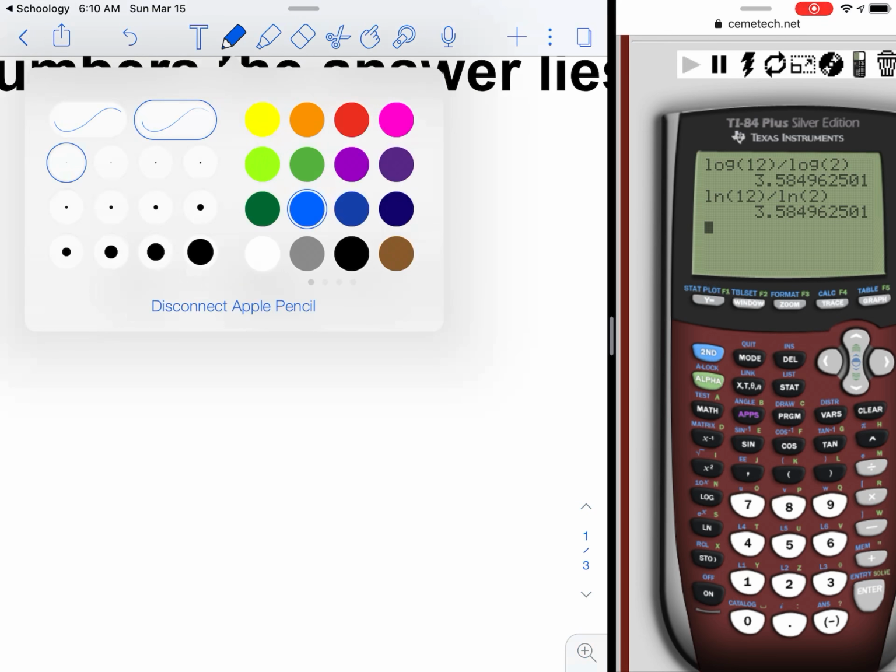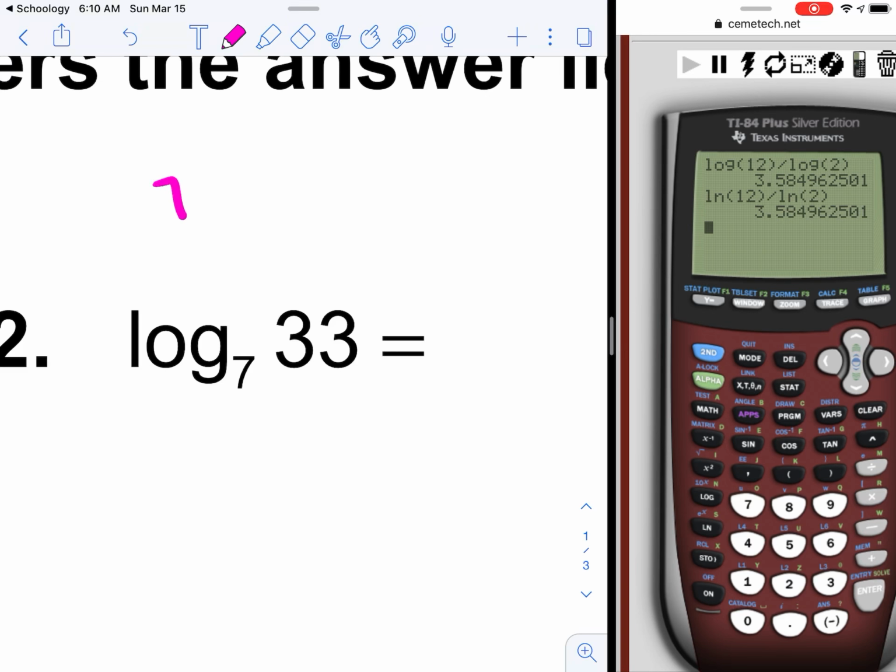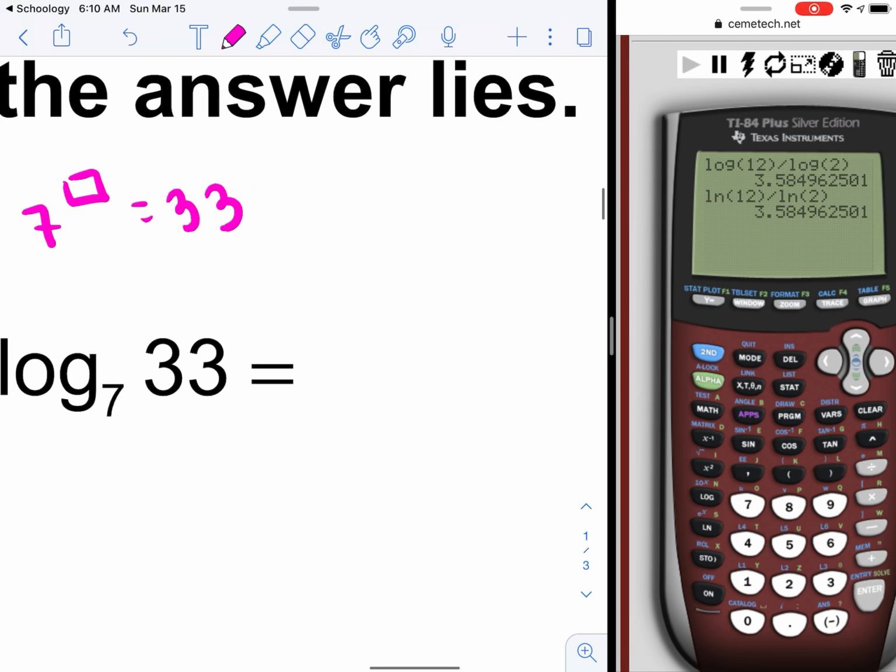Now, I just noticed in the directions it did say that we should predict what two values it'd be between first. So just think, if I said 7 to some power equals 33, well, 7 to the first power is 7. 7 to the second power is 49. So I know that this exponent would have to be between 1 and 2.